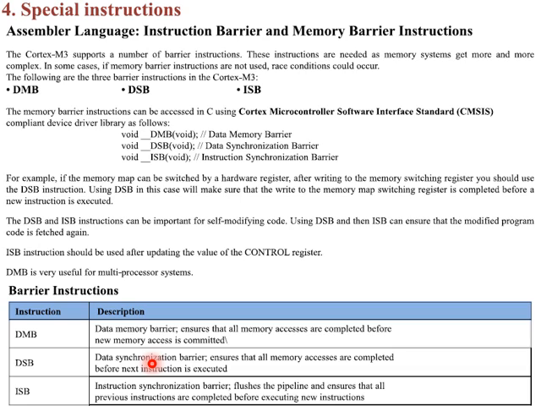What it makes sure is that all memory accesses are completed before the next instruction is executed. The previous one, DMB, is like fetching or accessing the memory. This one is that any execution process should be completed before the next instruction requires the execution cycle.